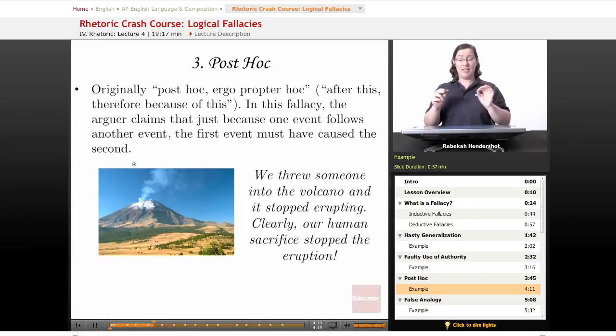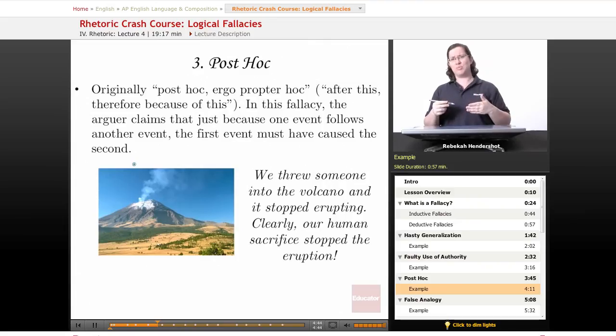But the example I like to use is what I call the virgin in the volcano. Okay, you're living near a volcano, the volcano is erupting, the people in the local village freak out. The village shaman says, well, if we sacrifice a virgin and throw her into the volcano, the gods will be appeased and it'll stop erupting. And they grab somebody and throw him in, the volcano stops erupting, and the shaman goes, well, it stopped erupting, the sacrifice must have been what did it.